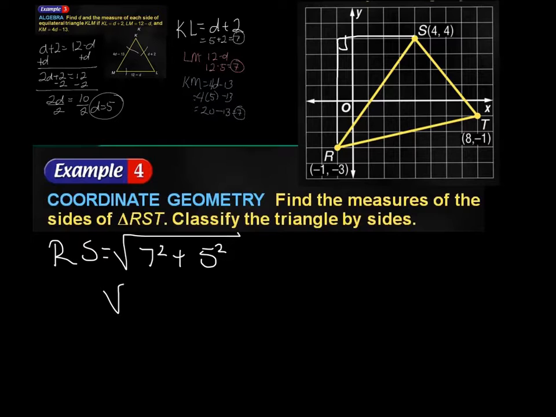So I get the square root of 49 plus 25, which is lovely. We're just going to leave it the square root of 74. Okay, for ST, from 4 to 8 should be 4.